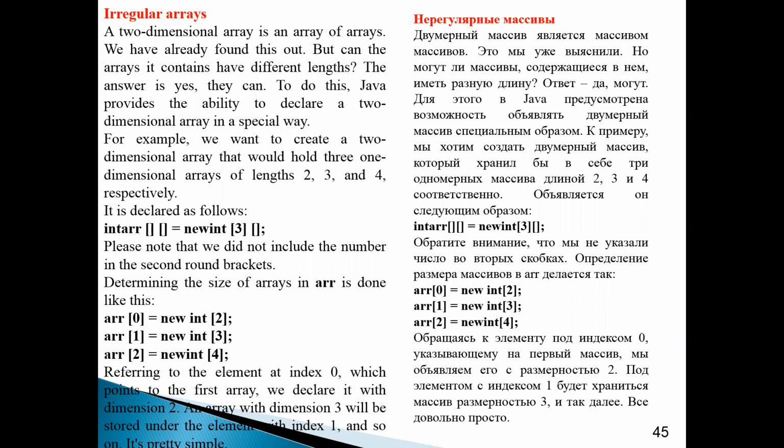To do this, Java provides the ability to declare a two-dimensional array in a special way. For example, we want to create a two-dimensional array that would hold three one-dimensional arrays of length 2, 3, and 4, respectively. It is declared as here.